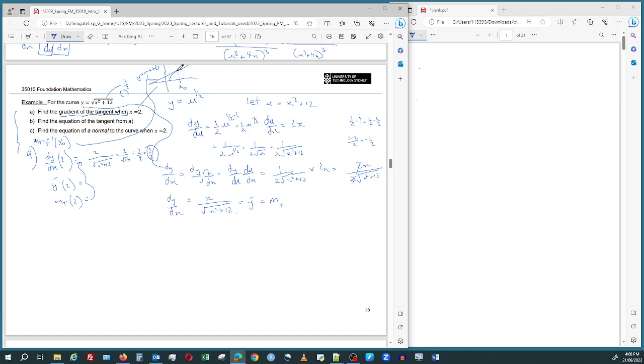Okay. So the other thing we want to find out is the y value. What's the y value here? Because we're asked to find the equation of the tangent. So we really should put 2 into this one. So using function notation, 2, square root of 2 squared plus 12 is 4 plus 12, which is 16, which is 4.